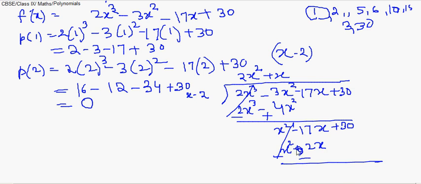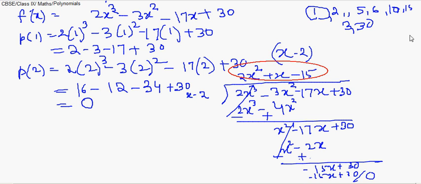Sorry, this should have been a minus. So if I add a plus, that's minus 15x plus 30, and there will be a minus 15. So I will get all the values cancelled, the remainder becomes 0. Now we factorize this quotient.